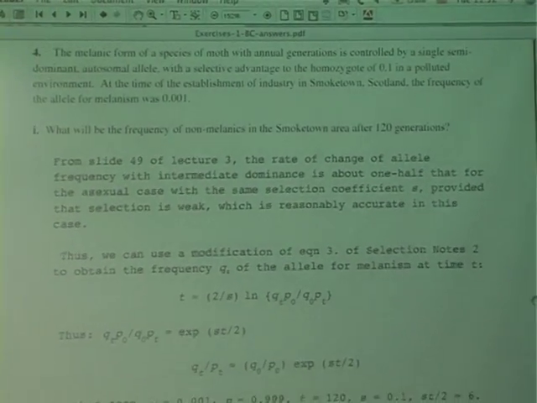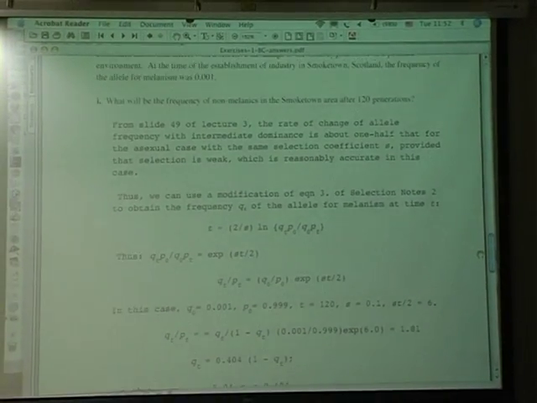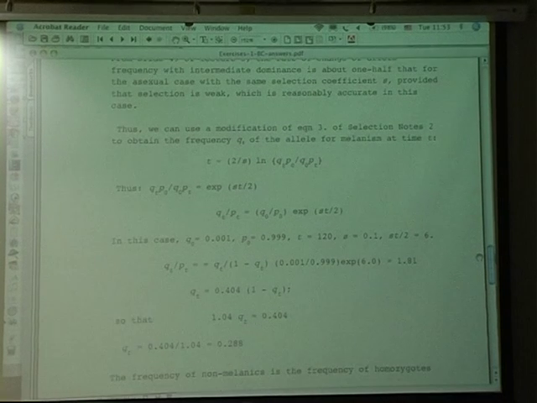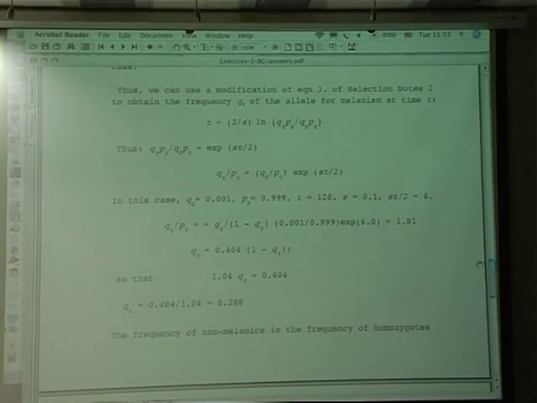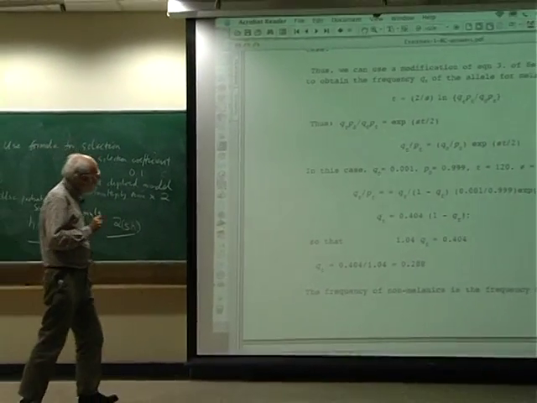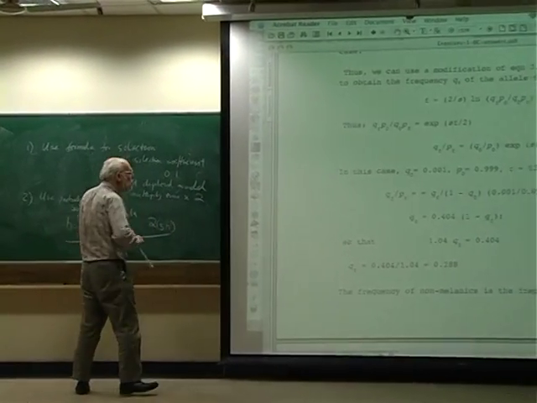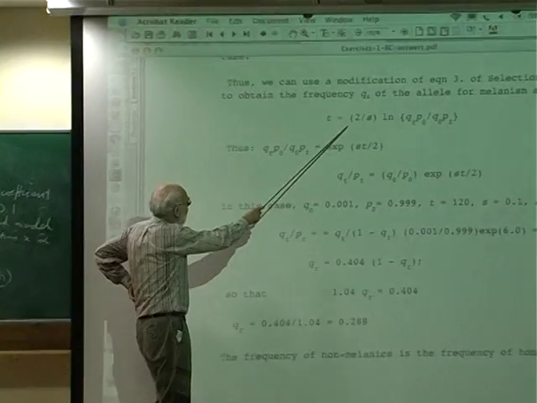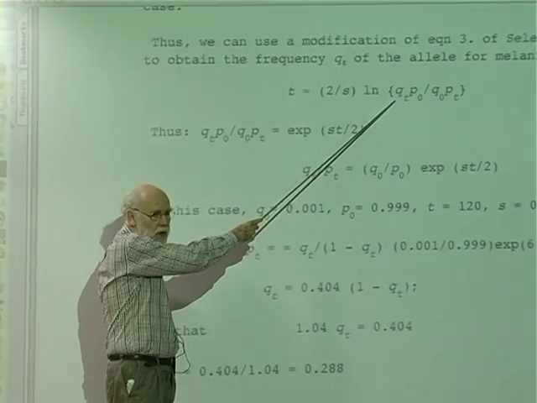So the formula, we're modifying slightly the one I gave you. We have to double the time up because the model is diploid, not haploid. This time we have 2 over s, then we have our logarithm function. What's q_t?